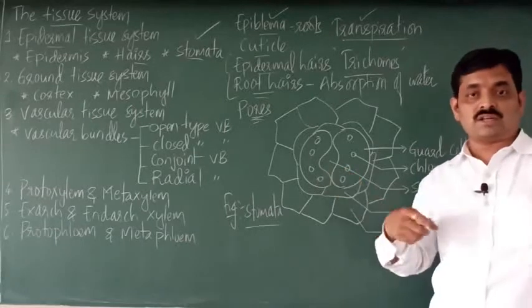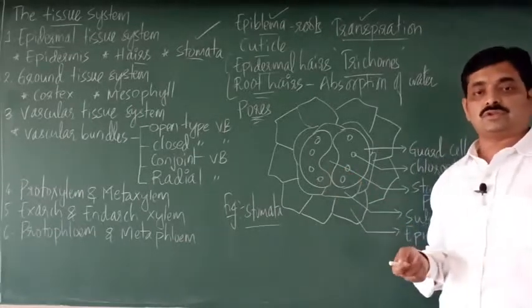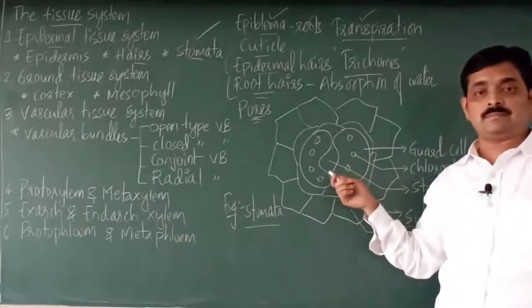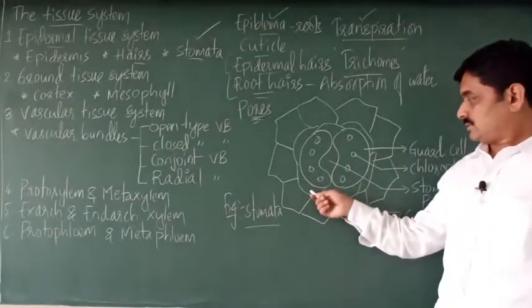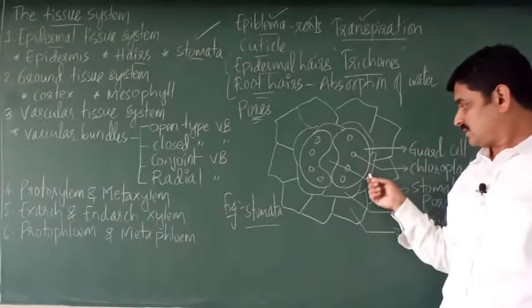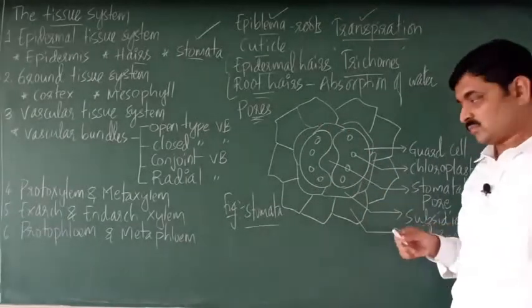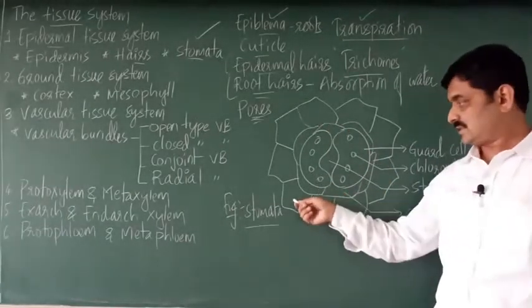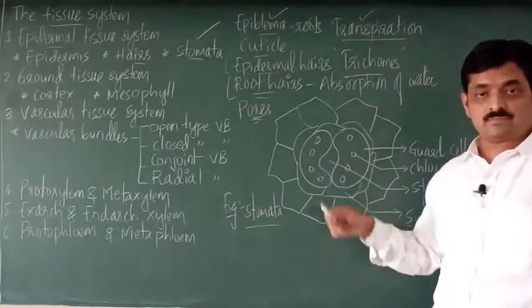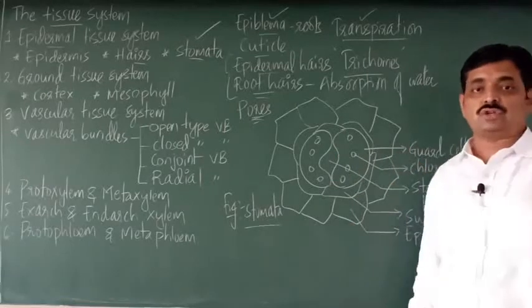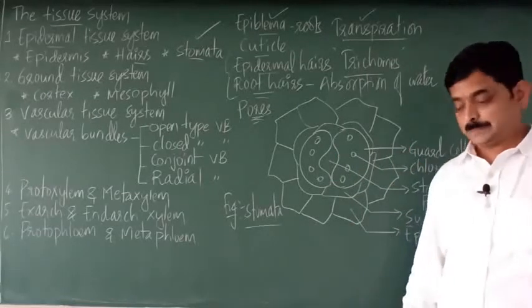It is closed in the night. So transpiration occurs during daytime. Transpiration is absent in the night. Surrounding the guard cells, these are subsidiary cells, and surrounding the subsidiary cells, these are the epidermal cells, right? So that is the structure of a stomata.